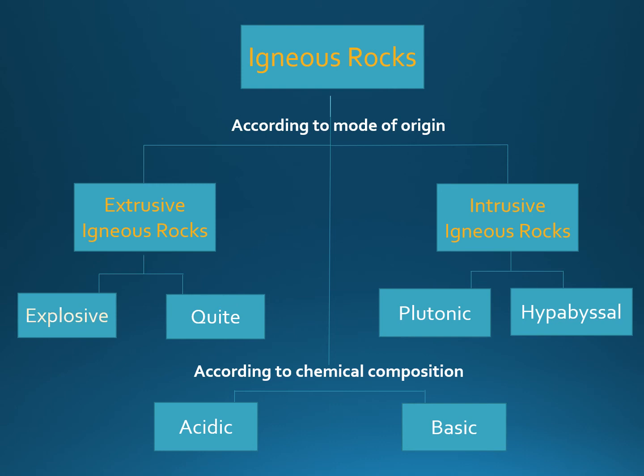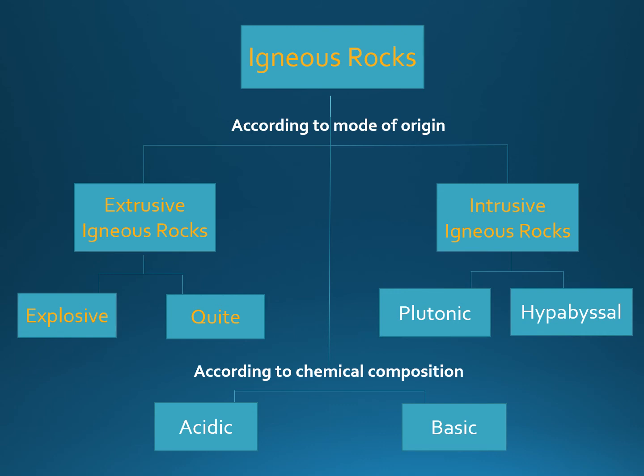They are explosive extrusive igneous rocks, where lava comes out with an explosion along with dust and ashes and gets deposited on the surface of the earth. Whereas in quiet extrusive igneous rocks, lava comes out quietly through the cracks and crevices.